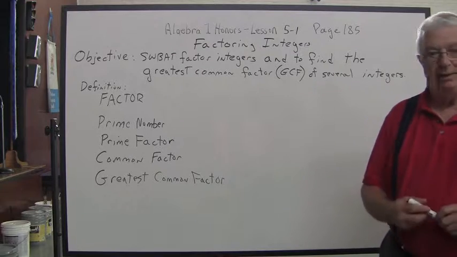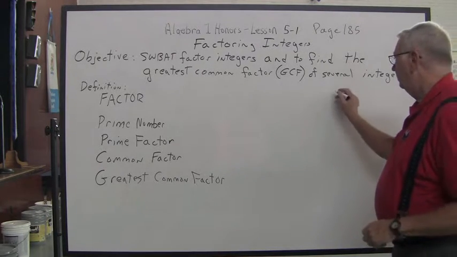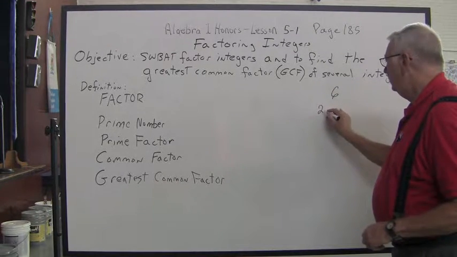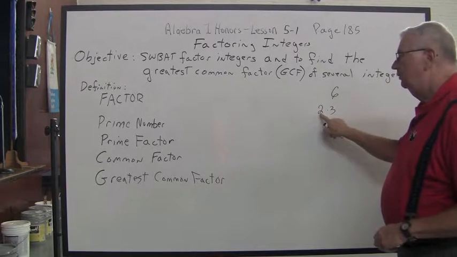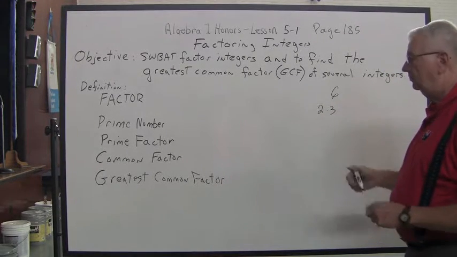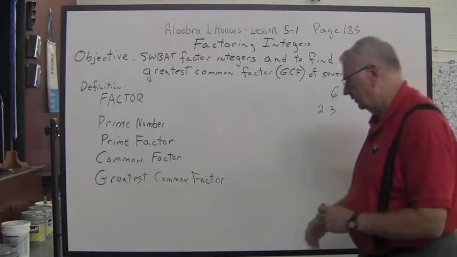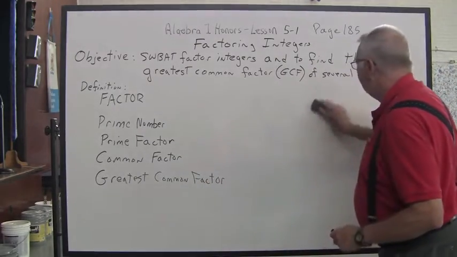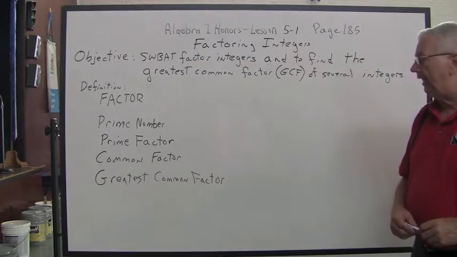An example would be if I had the number 6, then 2 times 3. 2 would be a factor of 6, 3 would be a factor of 6. Okay, so that's what we're looking at in terms of factor.